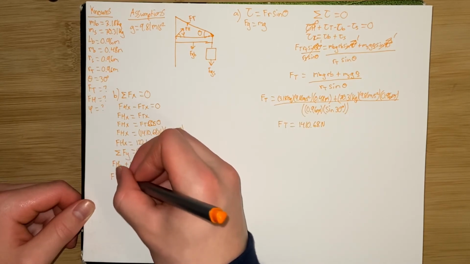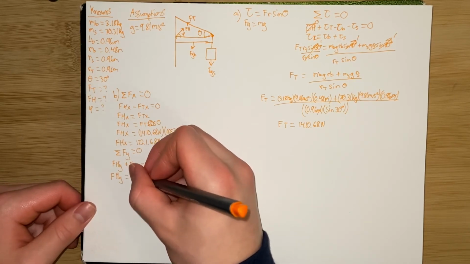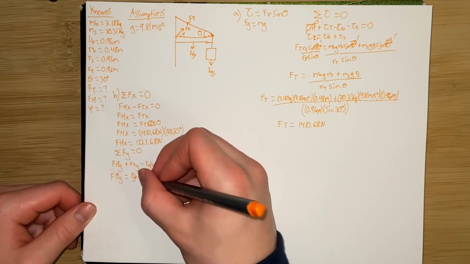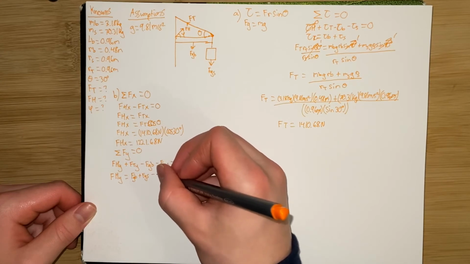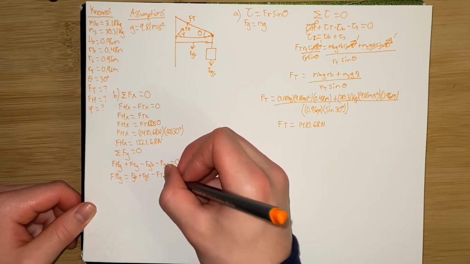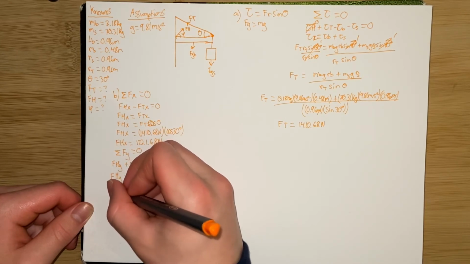Force of the hinge in the y direction is going to be equal to FGB plus FGS minus FTY. Now let's write our values in.